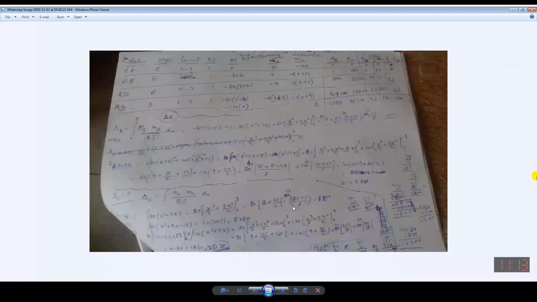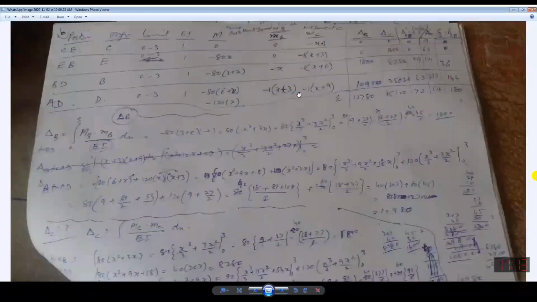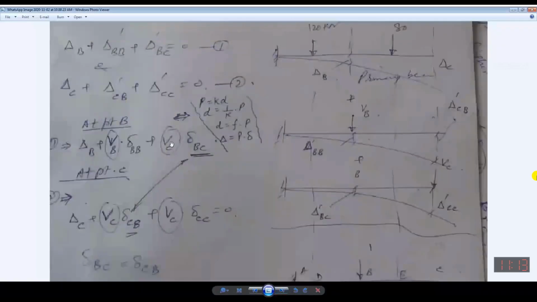So now all these basic parameters have been calculated. Now you need to find out delta. From the previous equations, I need delta B and C. I need small delta BB, BC, CB and CC.